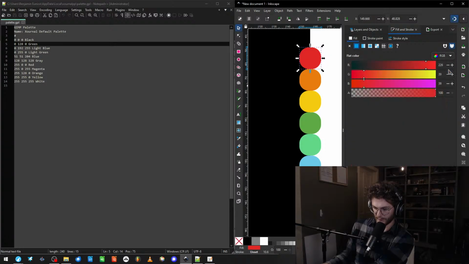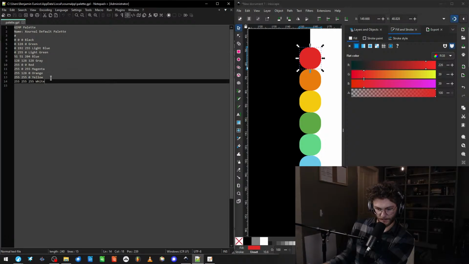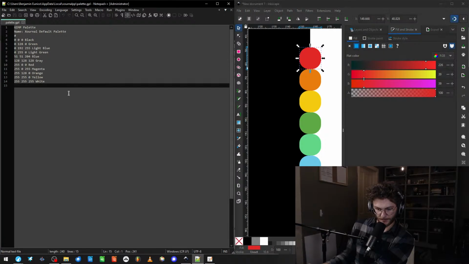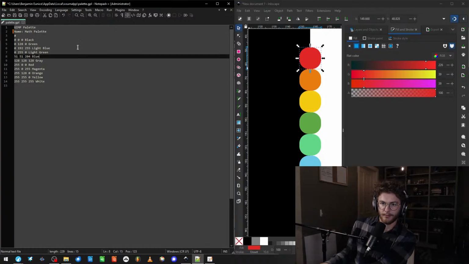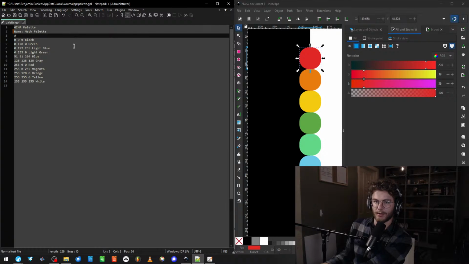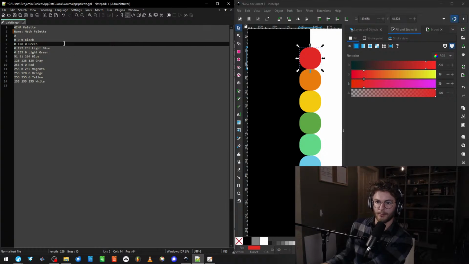We got to do RGB. So, custom, we'll call this the math palette. And we're going to say, okay, so we want to start with red.